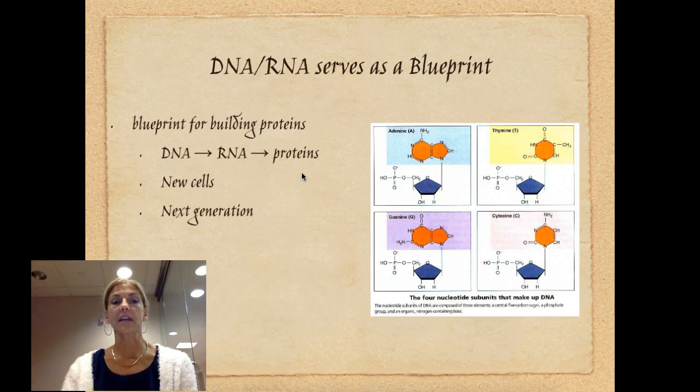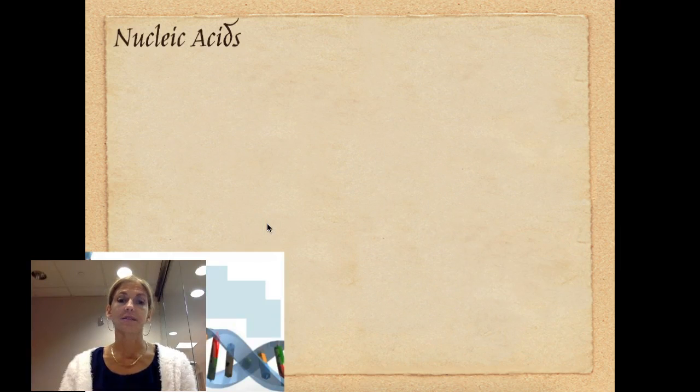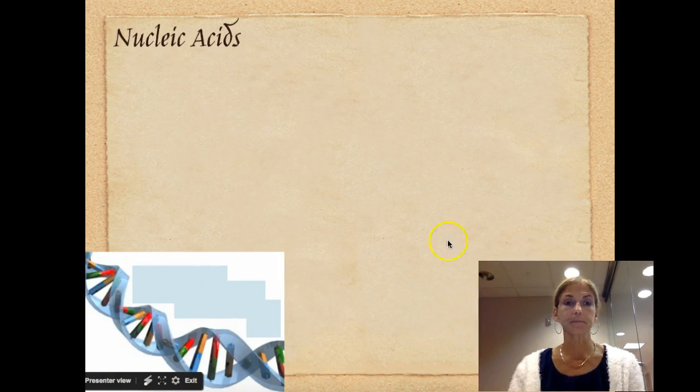So we're making lots of connections here. So every one of your cells should have the same information because they all go through that process, as well as your gametes creating new cells that are going to become future generations should have the same information as well because they're following the same process.